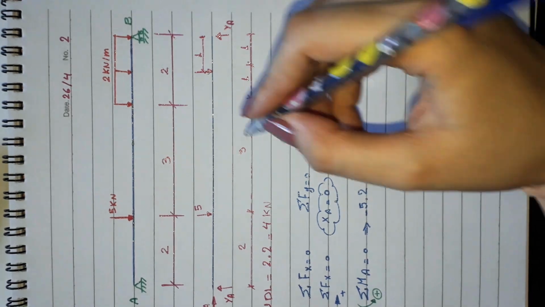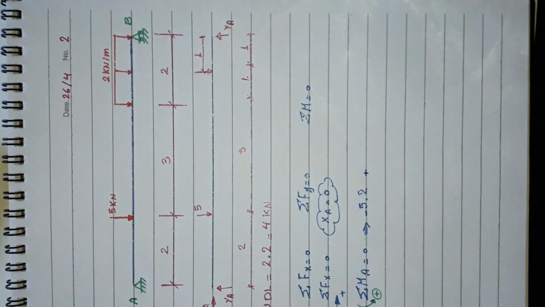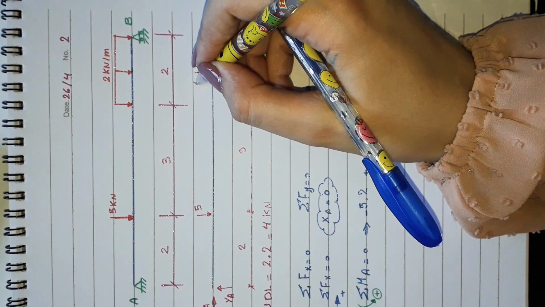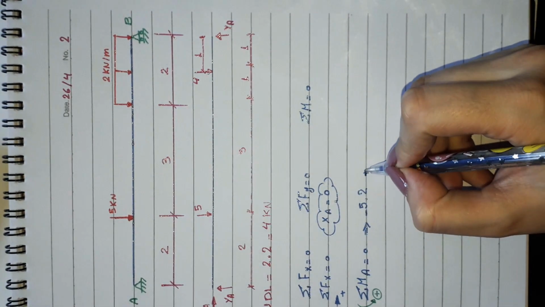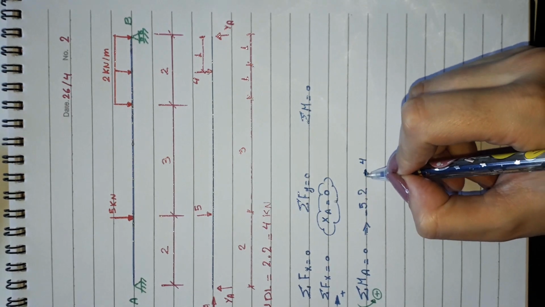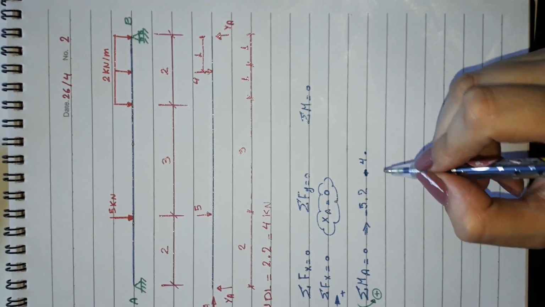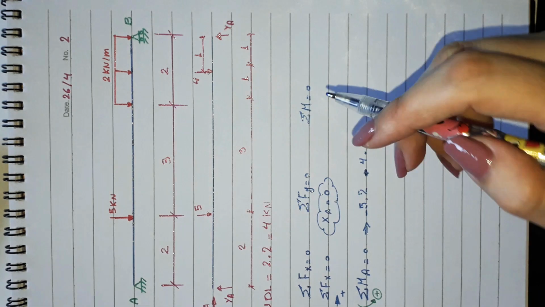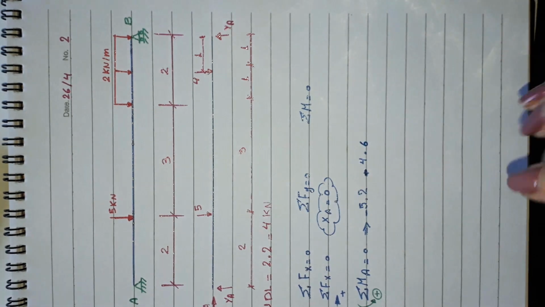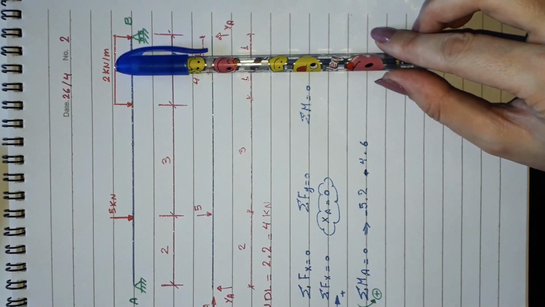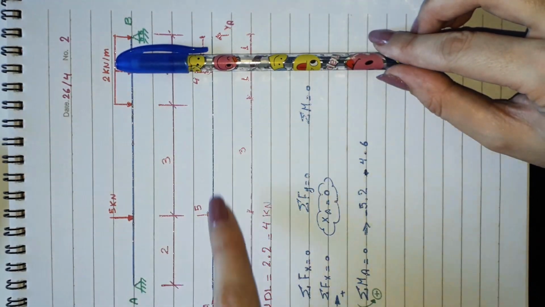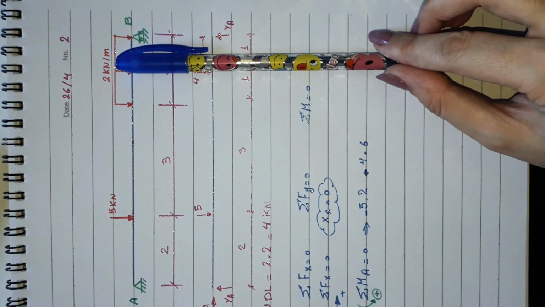Also, we have this converted distributed load, which is 4 now, minus 4 multiplied by 6, which is the perpendicular distance between the load and the point A. As we see, it's 6.